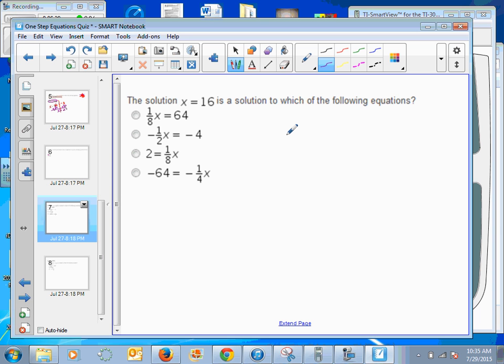Solution x equals 16 is a solution to which of the following equations? All right, if we look at this first one, 1/8 x is equal to 64. Bring our line back. Now what that means is that 1/8 means 1 divided by 8.